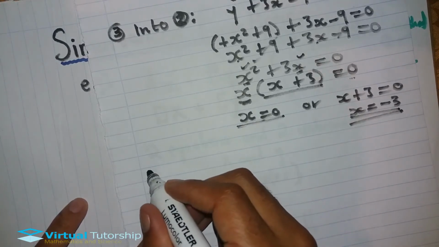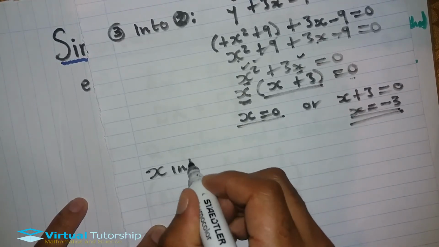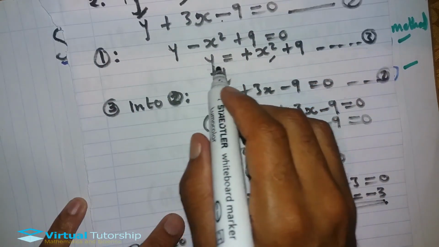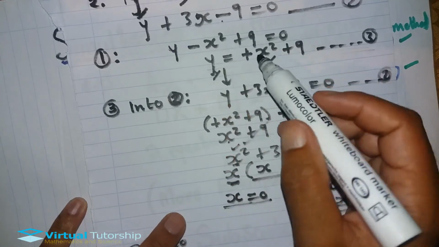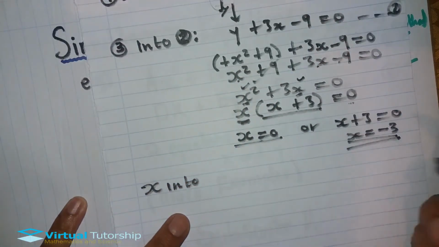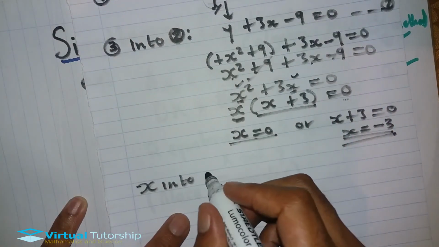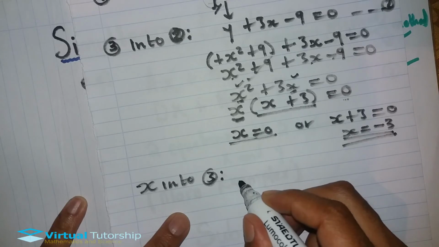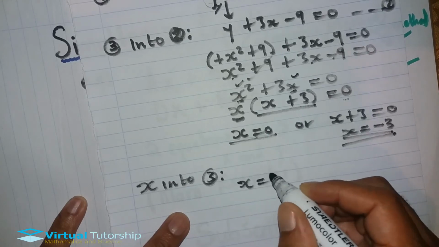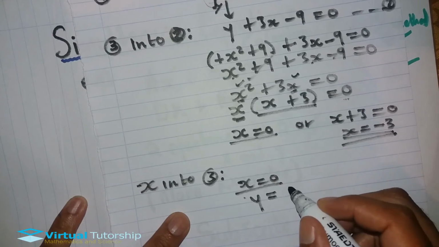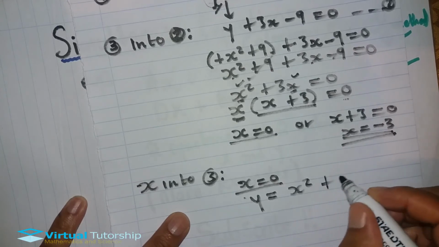So these x values I will substitute into the third equation, the equation where y is expressed in terms of x. So I get y by substituting into equation 3. If x is 0, my y is equal to x squared plus 9.